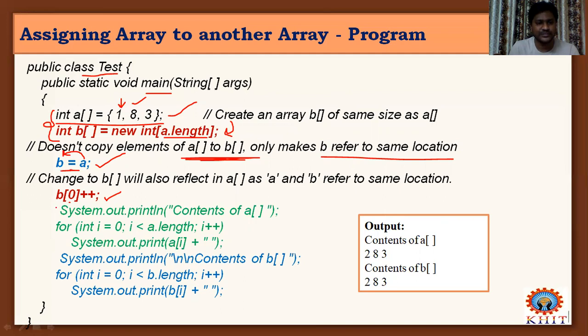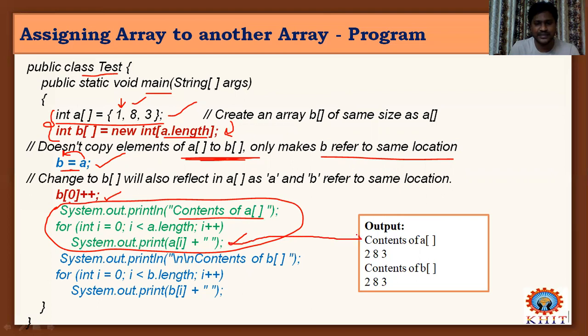So I'm going to display the elements of A through the A reference, with a for loop, displaying the values. This statement simply displays the contents of A like this: 2 8 3. Here the 1 is automatically incremented because we incremented this one.